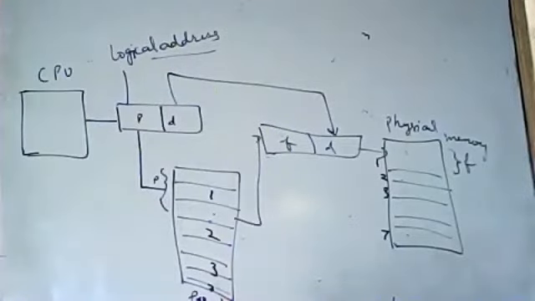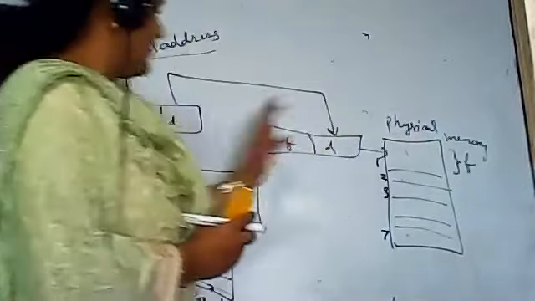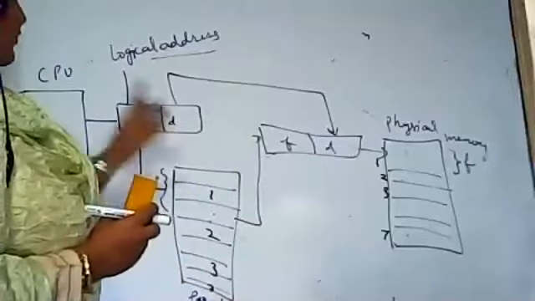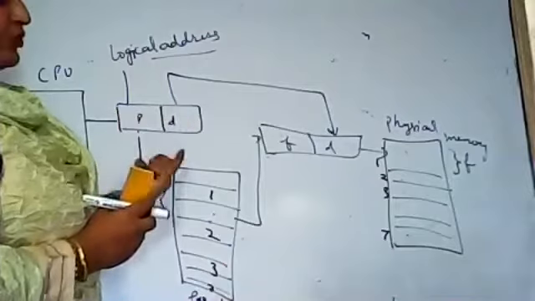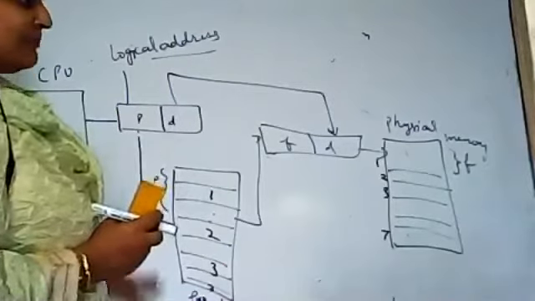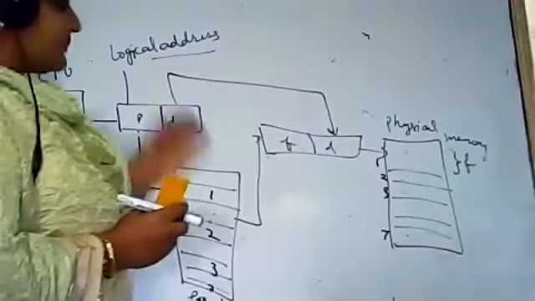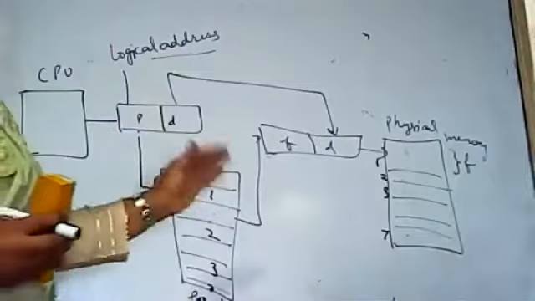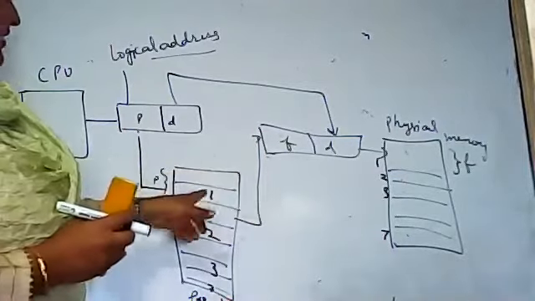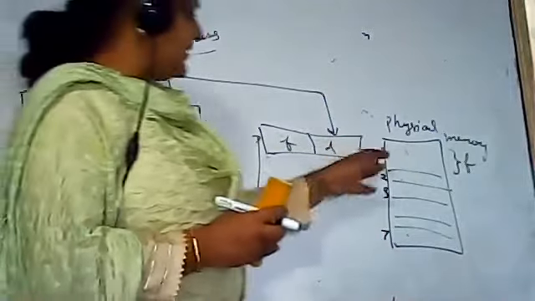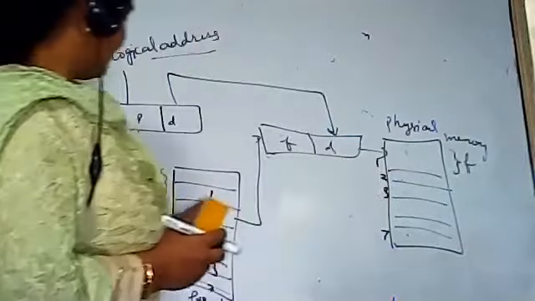I will show you an example of how the logical address space is translated to physical memory. Again, I am repeating: P and D form the logical address generated by the CPU. It is divided into two parts. P forms the page number, the index of the page table where the pages are stored. Those pages are stored on the frames, with frame indexes like 1, 2, 3, 7.